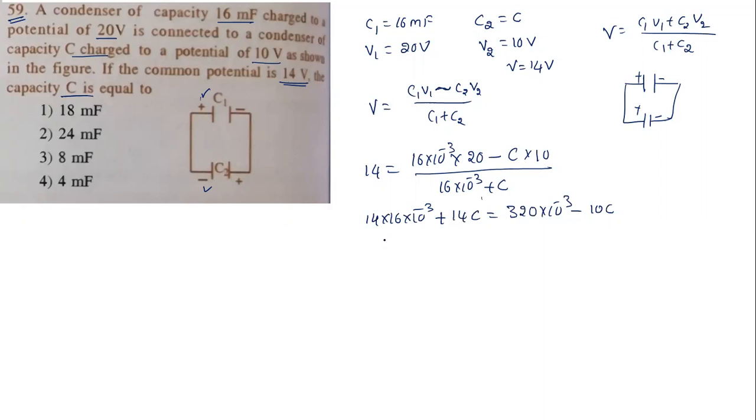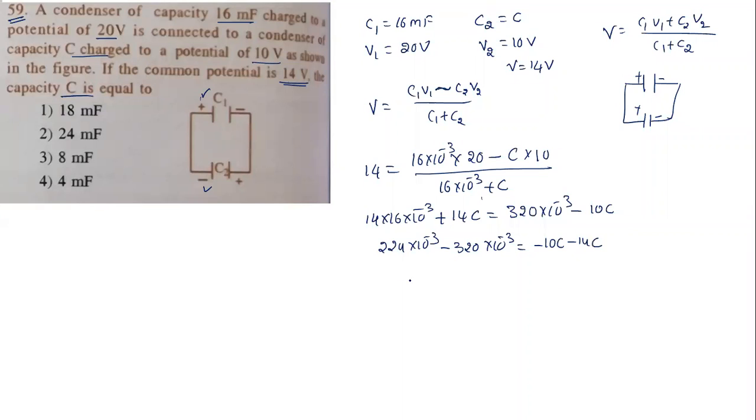It will be 224 into 10 power minus 3, and this 320 will come this side. It will become minus 320 into 10 power minus 3 equal to minus 10C, and this 14C will come this side, minus 14C.